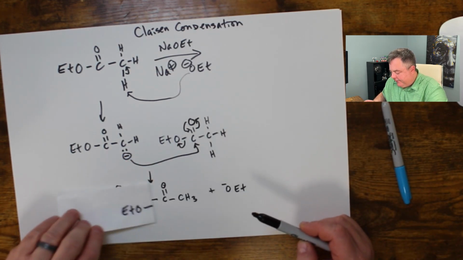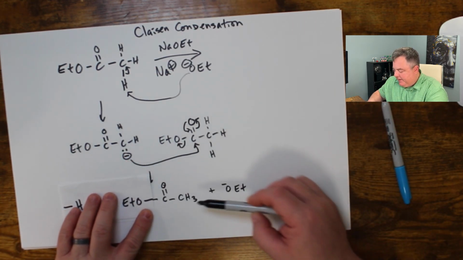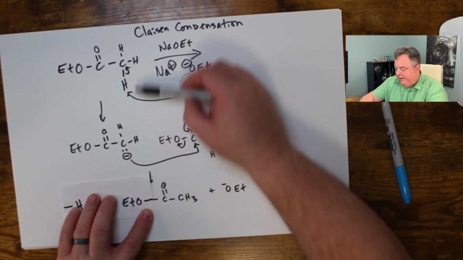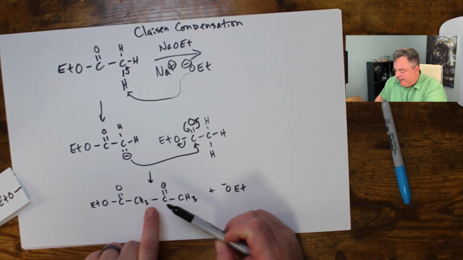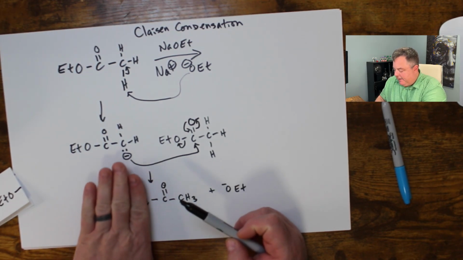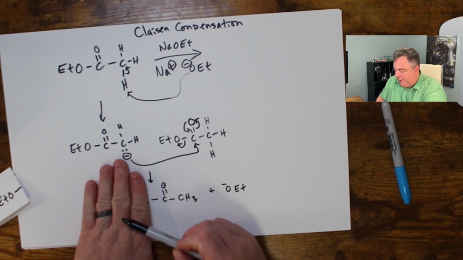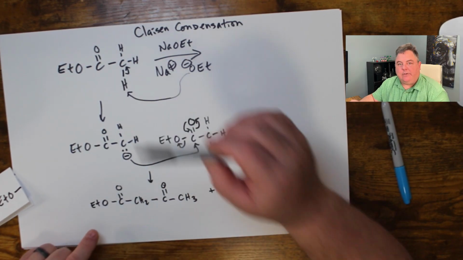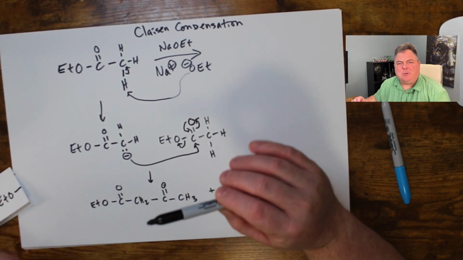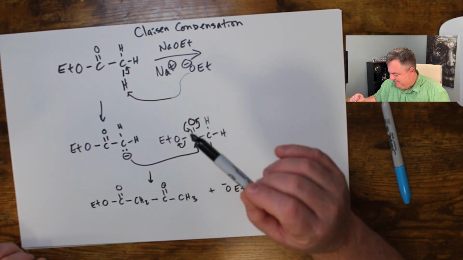Or I could cover up the other side of that bond and see I have methyl carbonyl OEt, my starting material. So you can double check that you've made the right product by looking at that bond, covering up both sides, making it OEt, or making it a hydrogen, and you can see that you've got your starting material. That's one way to double check whether you have the final product correct.